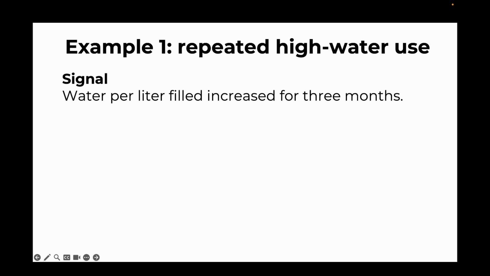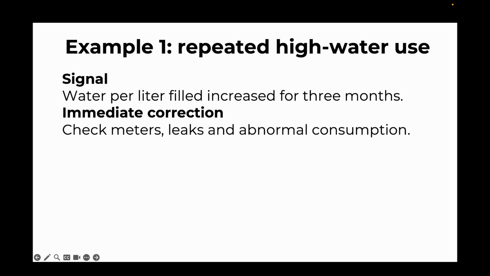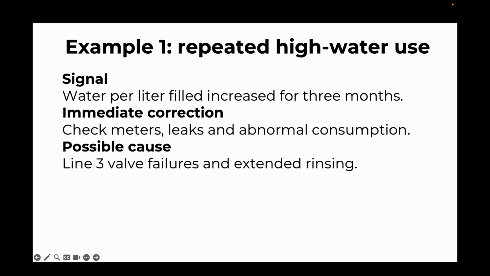Let's apply the logic to repeated high water use. So the signal is that water per liter filled has increased for 3 months. So the immediate correction may be to check meters, leaks, and abnormal consumption. The investigation may show that line 3 has repeated valve failures and extended rinsing.